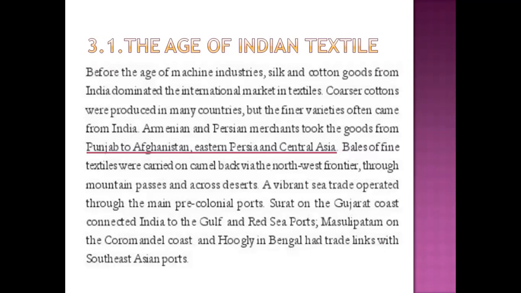So Armenian and Persian merchants took goods from Punjab. They used to take them from Punjab to Afghanistan, Eastern Persia and Central Asia. In the same way, different ports were used.